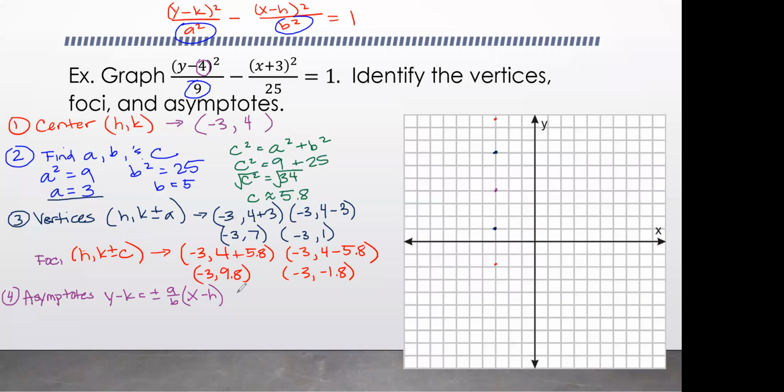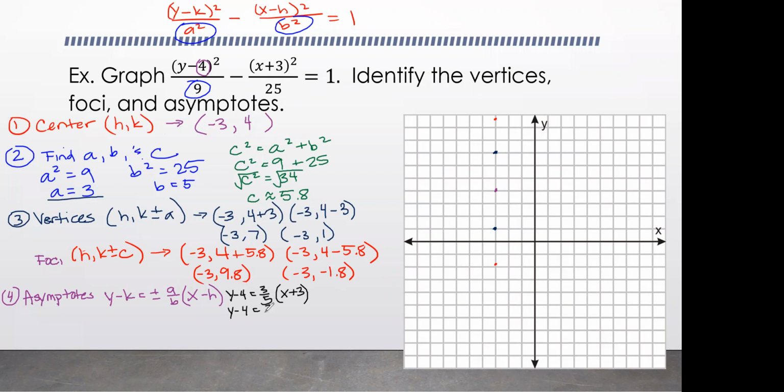So I've got y minus 4 is equal to 3/5, because a is 3, b is 5, and then x minus h is x minus -3, so this would be plus 3. Then I would use the distributive property here.